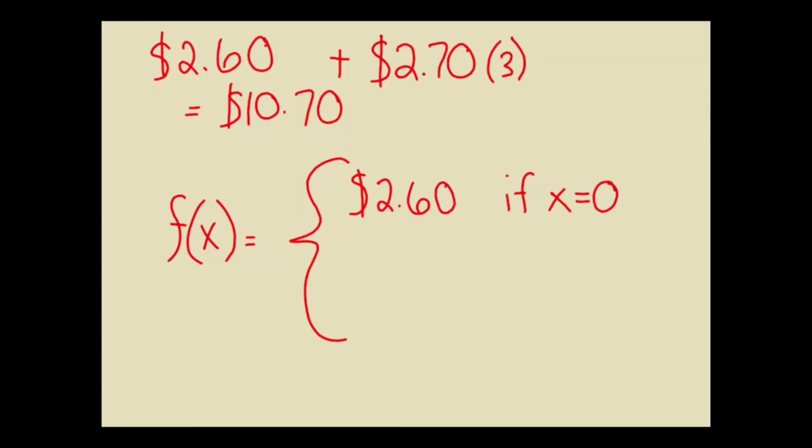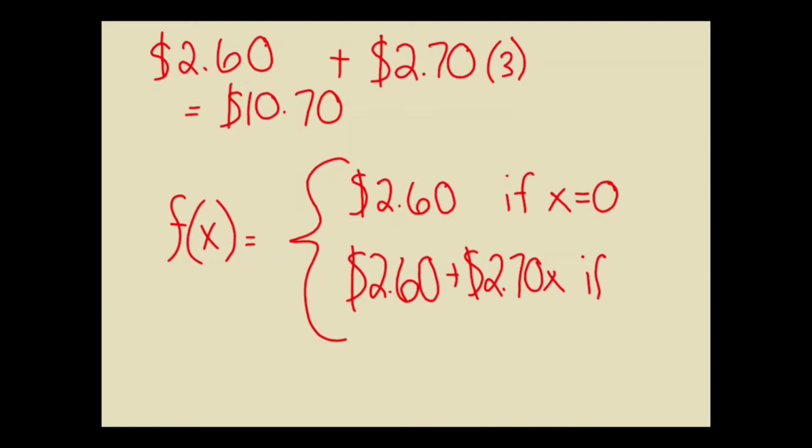And then our second prong would be $2.60 plus $2.70 x, x being our miles traveled in this case, if x was greater than 0.